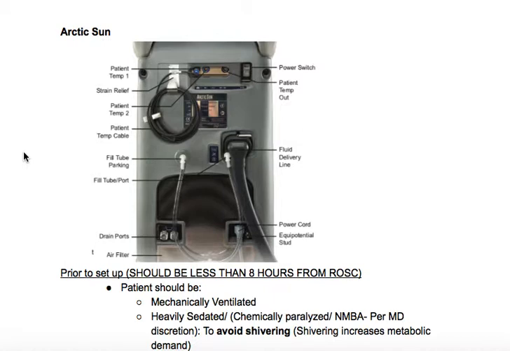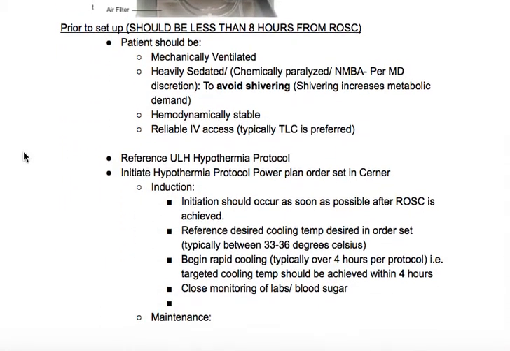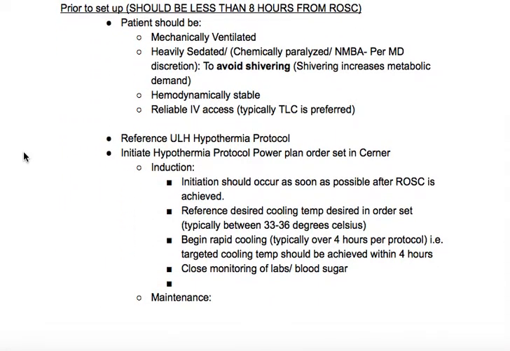It will really help. So this is just the high points and more specifically the setup, which is what I really wanted to cover. Here's a picture of the back of the Arctic Sun. It covers the labeling of parts, where you plug everything in. Typically this is already set up when we grab this machine from 6 West. So a few things to know prior to placing the patient on the Arctic Sun.